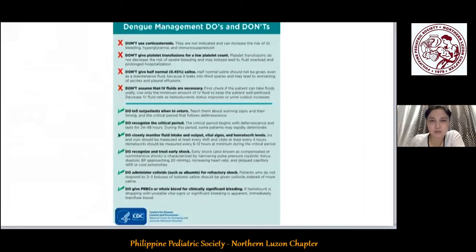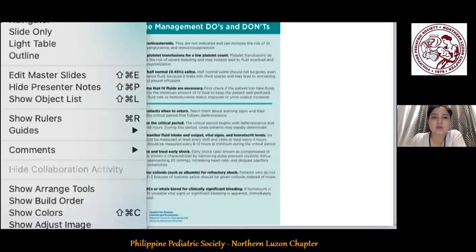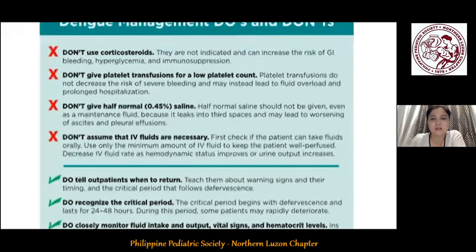And for the do's, of course, you have to tell outpatients when to return and recognize the critical period, closely monitor your fluid intake, recognize and treat early shock and administer colloids, and give packed RBCs as blood transfusion as needed.